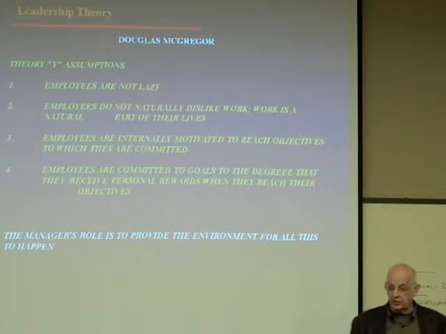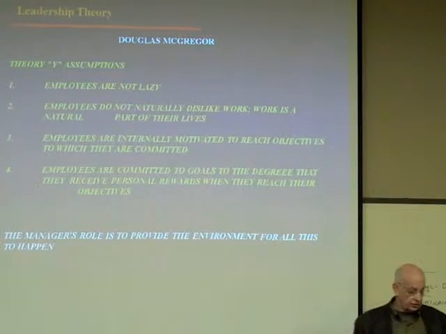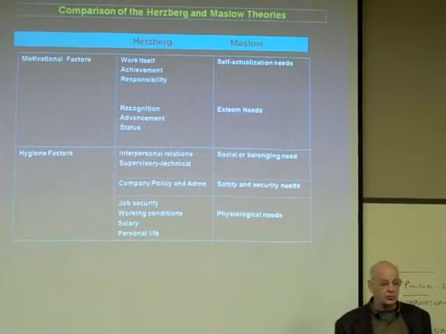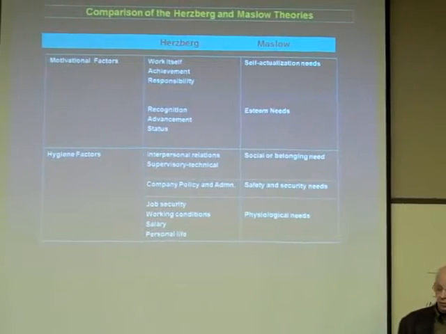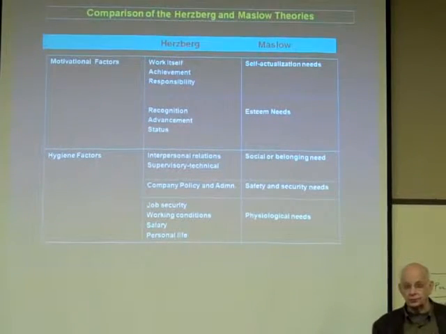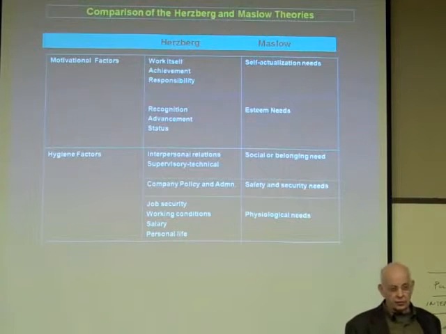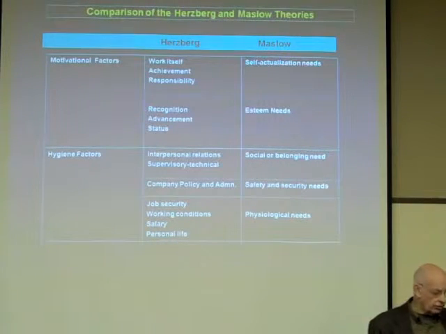Now, we've got to see where all this is going in just a minute. So, if we just lined up these two people, Herzberg and Maslow, we can see that to a certain extent they were saying very much the same thing. They used slightly different categories.